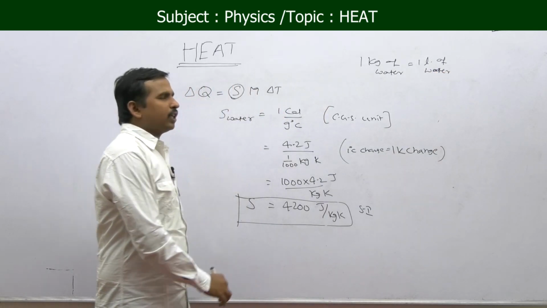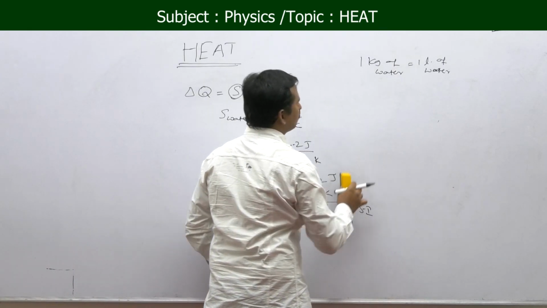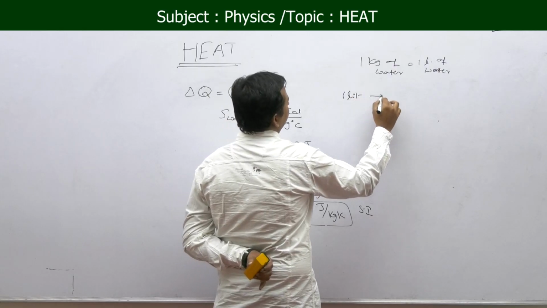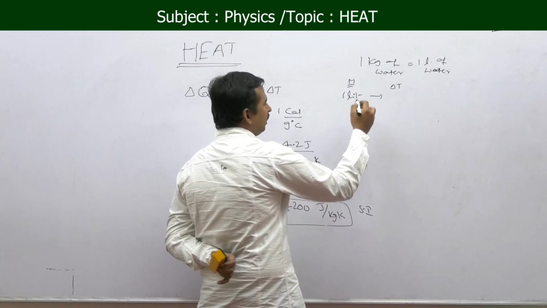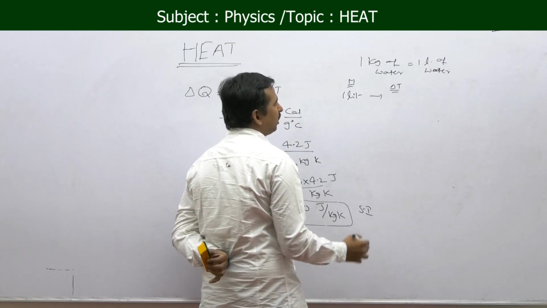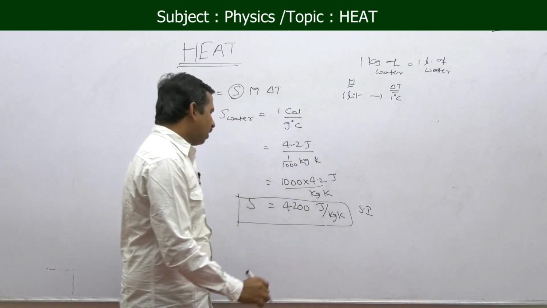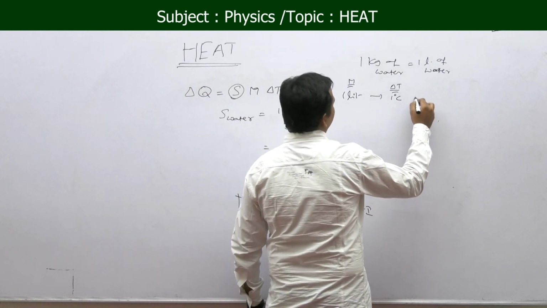For example, if you are raising the temperature of this 1 liter of mass by delta T of 1 degree Celsius, what is the amount of heat energy required? 4200 joules.